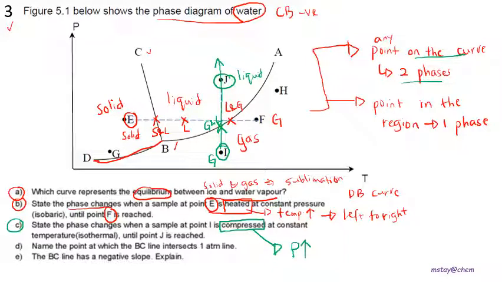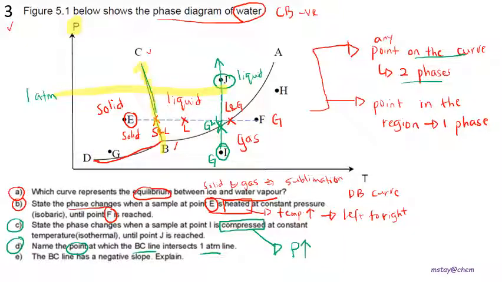Next question, D. Name the point at which the BC line intersects at 1 atm. So we have to look for the BC line. So where is the BC line? The BC line is over here, and then it will intersect at 1 atm. So pressure is at the y-axis. So let's say this over here is 1 atm. So what does this mean?